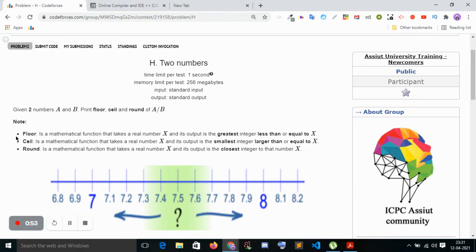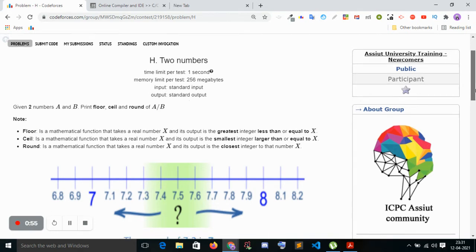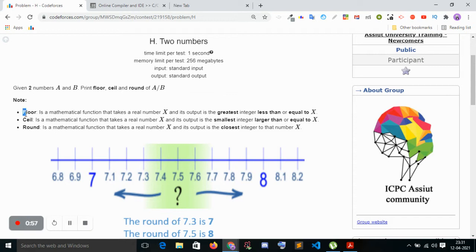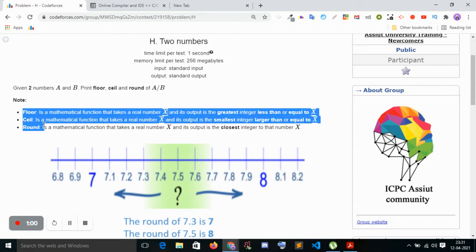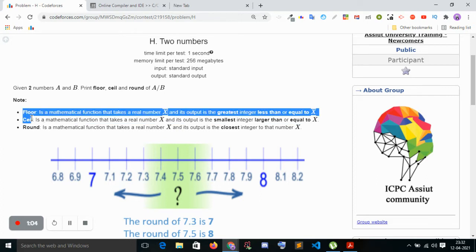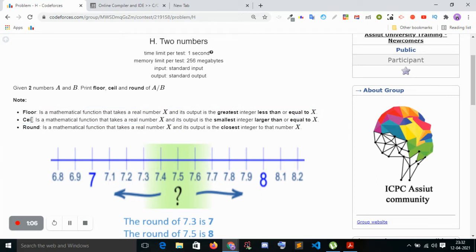What is floor? Please, this is very important, because whenever you give a contest you will get familiar with the words floor and ceil, since many mathematics questions use them. Floor is a mathematical function that takes a real number x and outputs the greatest integer less than or equal to x.